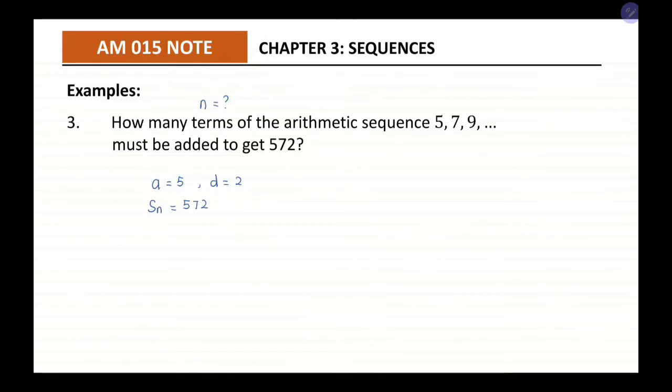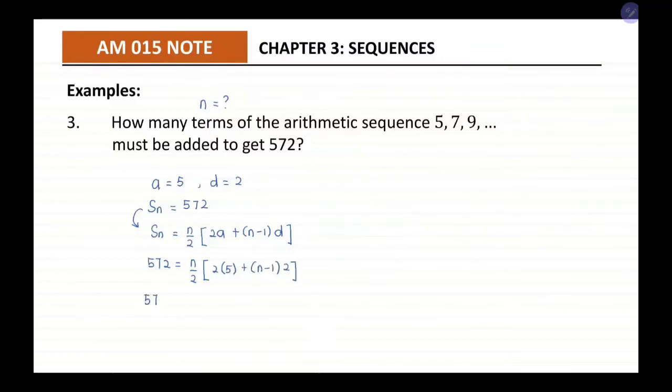We use the formula for Sn. Sn is n over 2 times 2a plus n minus 1 d. So 572 equals n over 2. We substitute the values for a, 5, and d, 2.